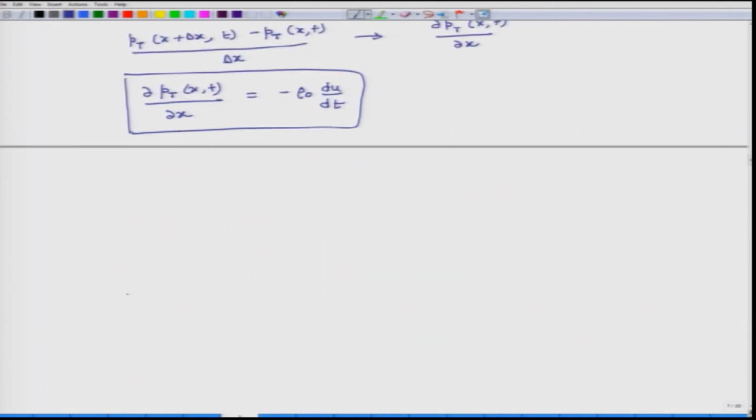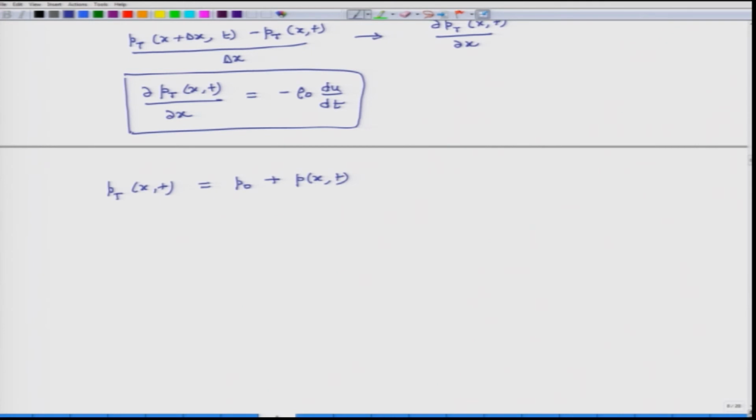Okay. And we will simplify this a little bit further. So, we know that p_t, which is a function of x and t, is equal to P naught plus p of x and t.